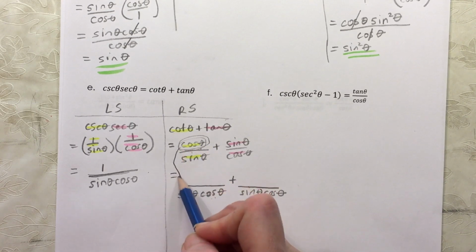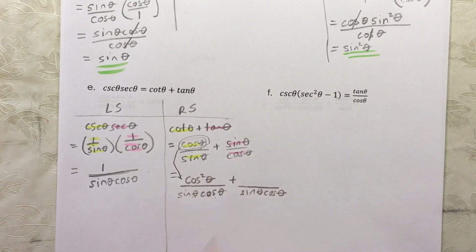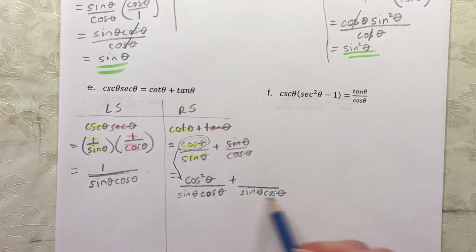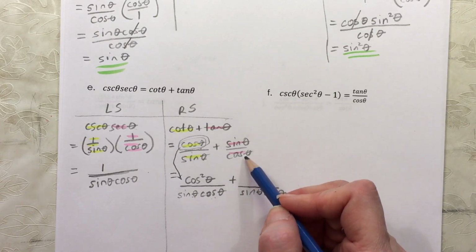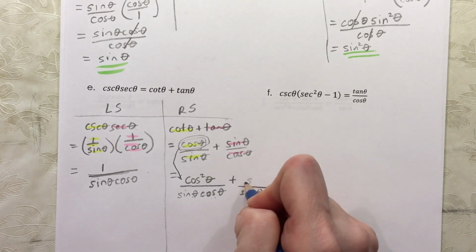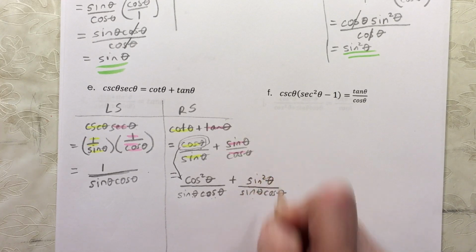Cos theta times cos theta is cos squared theta. And to get from the denominator cos theta to the denominator sine theta cos theta, I would have had to multiply the bottom by sine. So I have to multiply the top by sine, giving me sine squared theta.